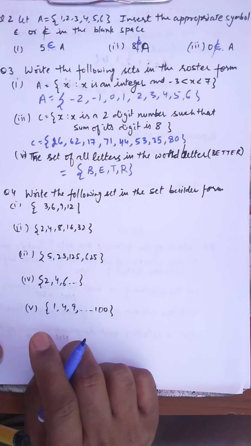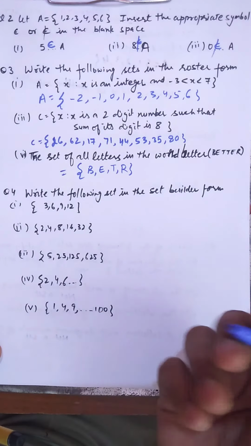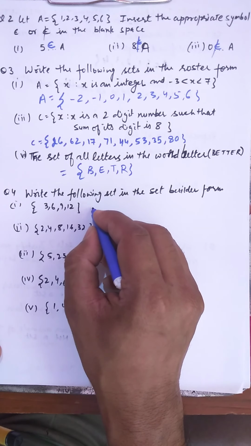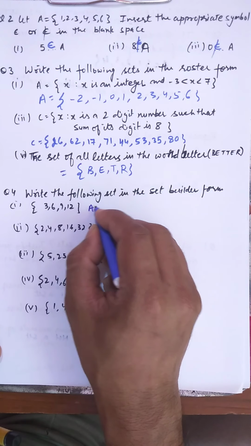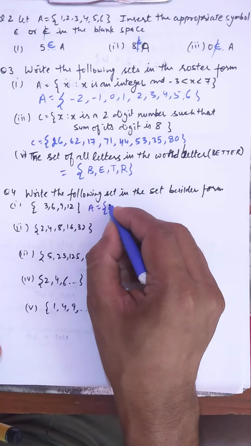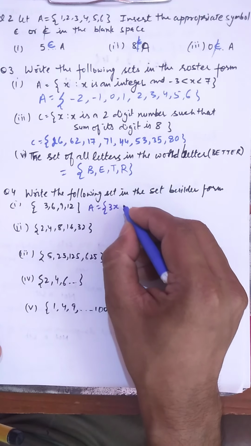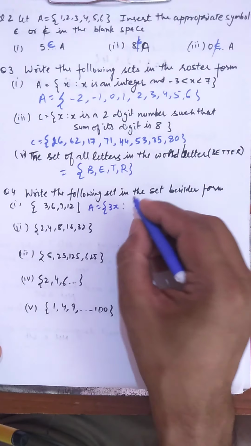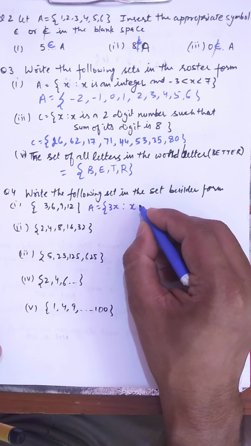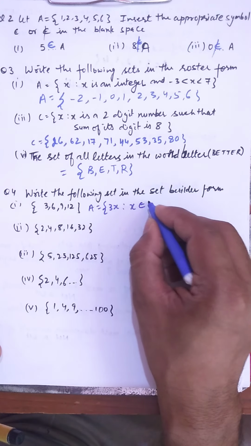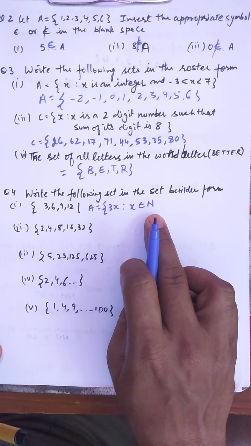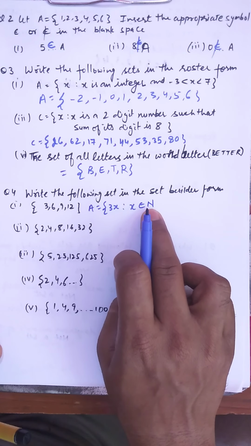So you can write this in many ways. Let's say A, I'm using the symbol A, equals {3x ; x belongs to N}. We will use these symbols to make it short.